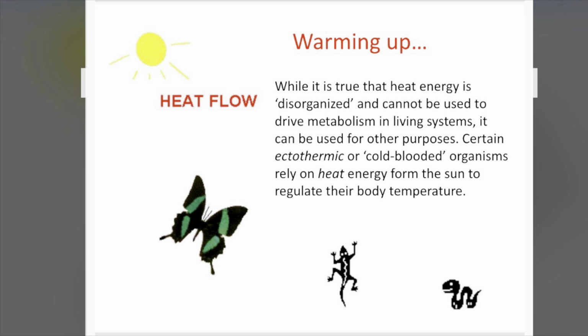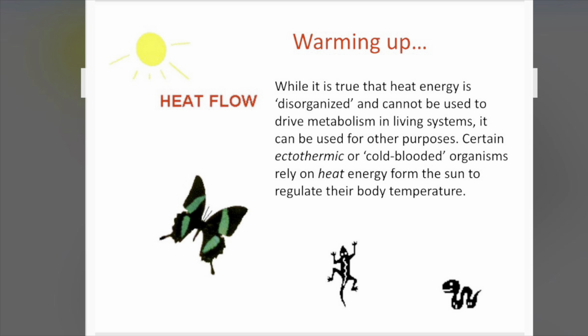But considering most of the organisms on this planet are ectothermic, the term we use is cold-blooded, literally means they rely on the environment to regulate their body temperature. Mammals are endotherms, warm-blooded, and birds are endotherms, warm-blooded.